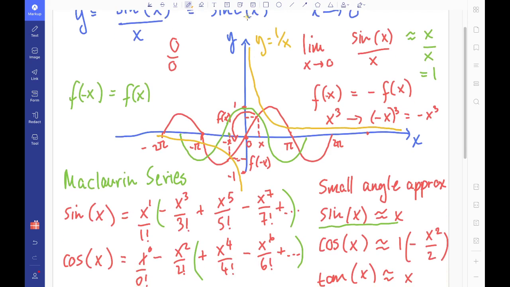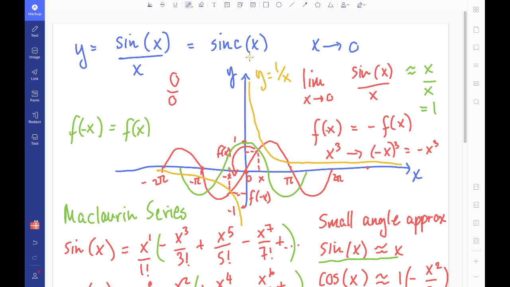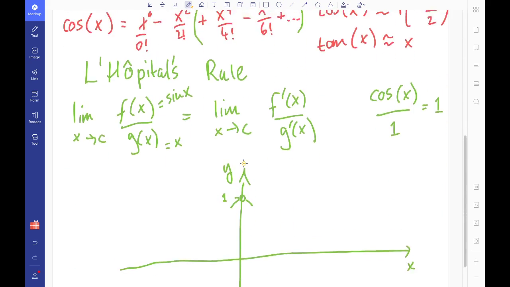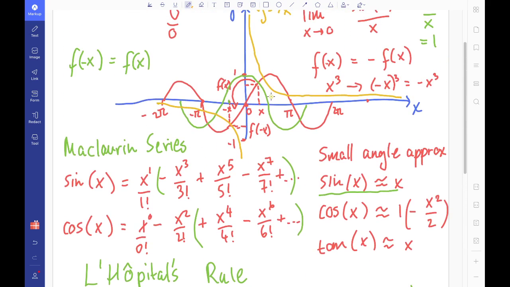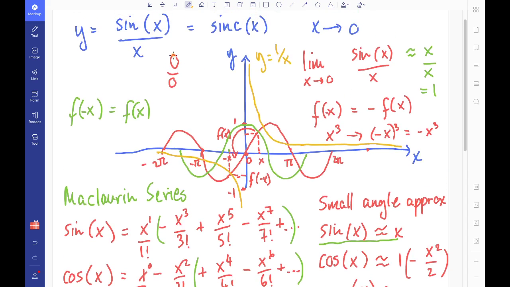Now I'm going to be multiplying together sine x and 1 over x to find what the graph of y equals sinc x, or y equals sine x over x, looks like. You might want to consider the points where this is going to be equal to 0, and one of them is going to be at pi. You can see that because sine of x is 0 at x equals pi, and x on the bottom is just going to be equal to pi.